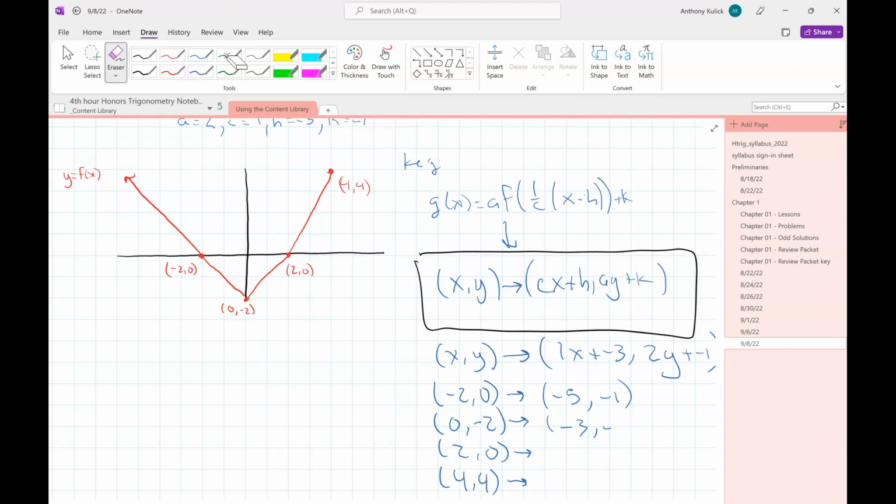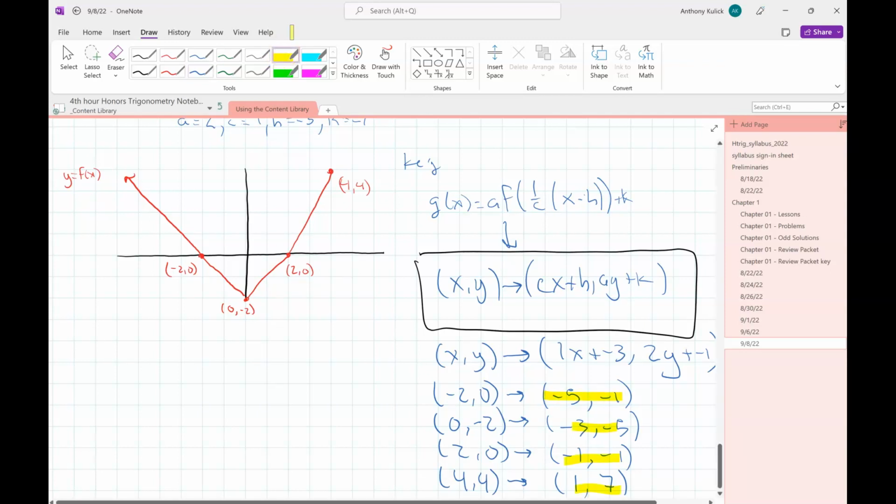Oops, sorry, that's plus a -1. 2 minus 3 is -1. 0 minus 1 is -1. 4 minus 3 is 1. 2 times 4 is 8, and then minus 1 more is 7. So these are going to be the 4 new points that I'm going to be graphing to get my g of x.